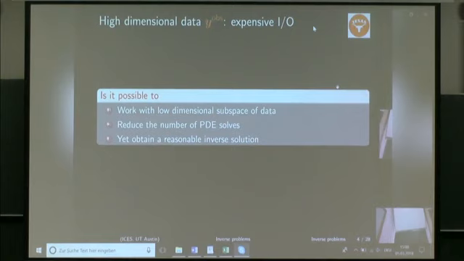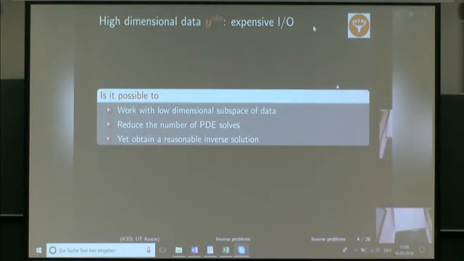The question we want to ask is, can we work with some low-dimensional subspace of the data? We don't want to use a lot of resources because of the amount of data, yet we still want to obtain a reasonable solution. This might seem too ambitious, but I think I can show you in a second that it's possible if we take a particular approach.